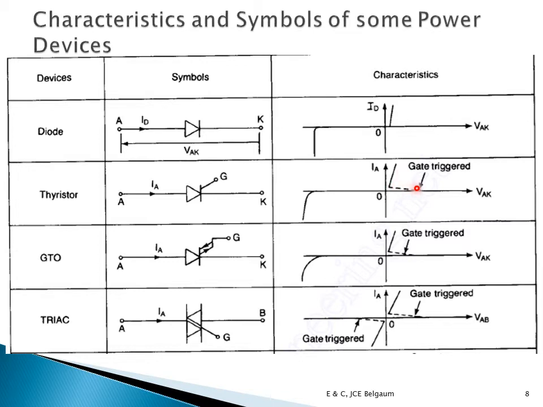Either it will be in the blocking state, that is, till the gate is applied, and it is like a switch off, and once the gate is applied, it will go into the on state like a diode. Hence there are two states in the first quadrant. In the reverse, it behaves exactly like your diode, and it remains off if I apply any reverse voltage between anode and cathode, and at that time even if I give a gate, it will not turn on.